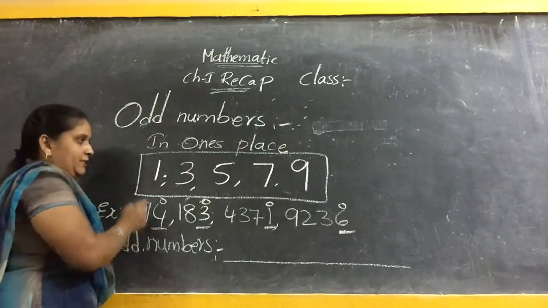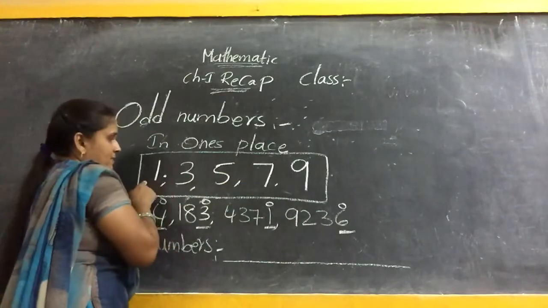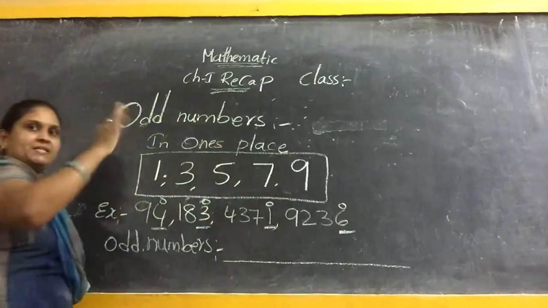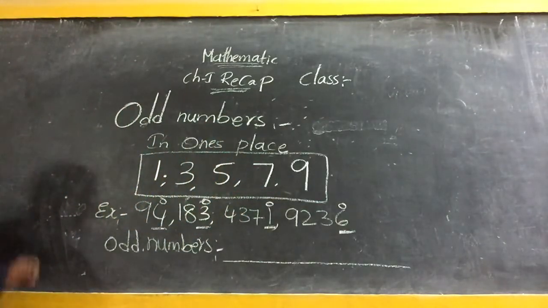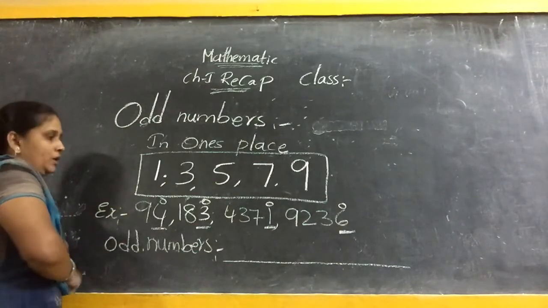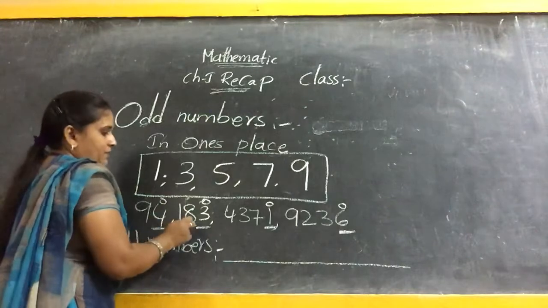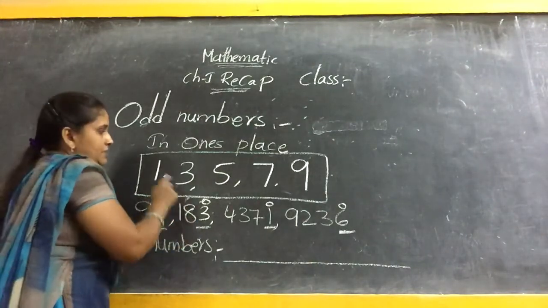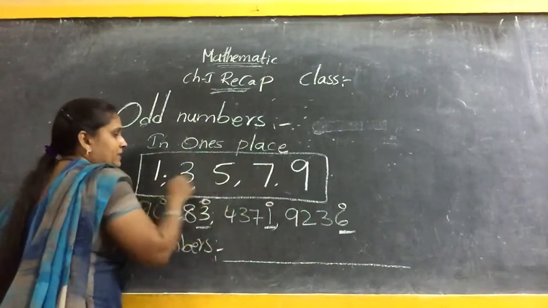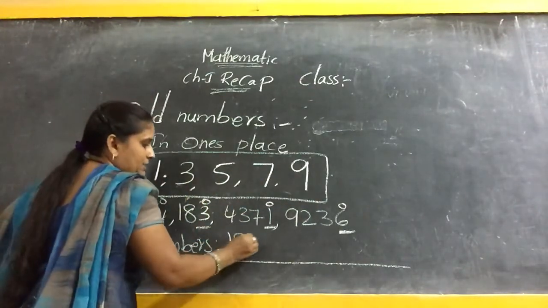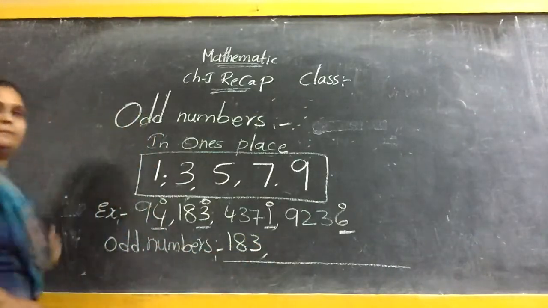In ones place, what is the number, children? 4 is there. Now check, is there a 4 in this list? 1 is there, 3 is there, 5 is there, 7 is there, 9 is there, but 4 is not there. So this is not an odd number. Next number, which number is in ones place? 3 is there. Is there a 3 in this list? Yes. So 183 is an odd number.